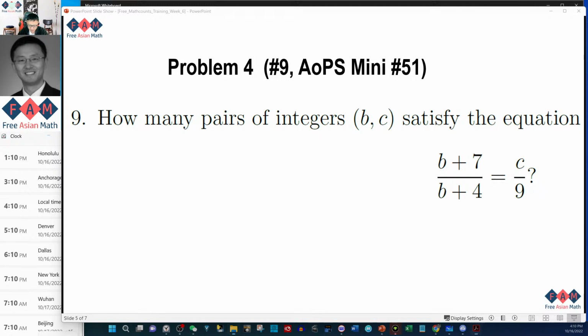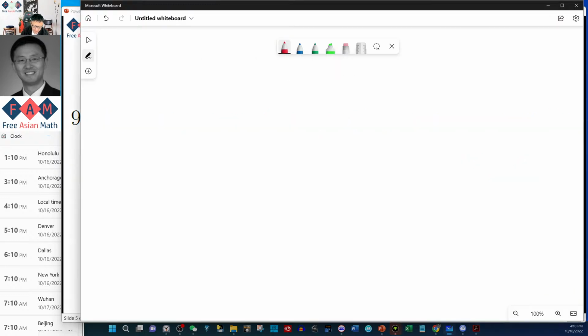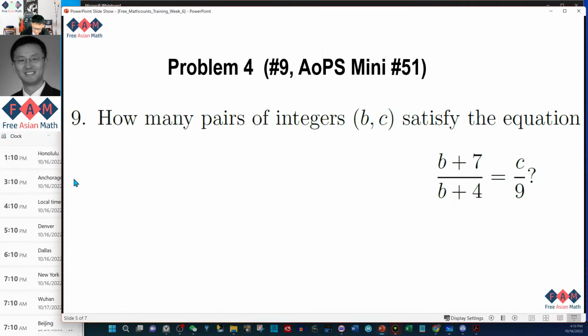So how do we solve this problem? Well, we will have to manipulate the algebra a little bit. We don't want to get this kind of fraction, right? So we want to translate this into something without the fraction. This is c over 9.